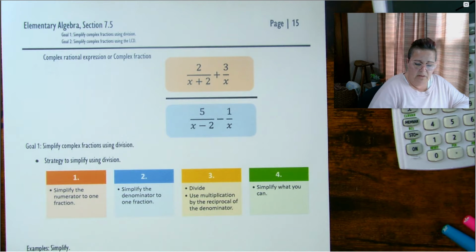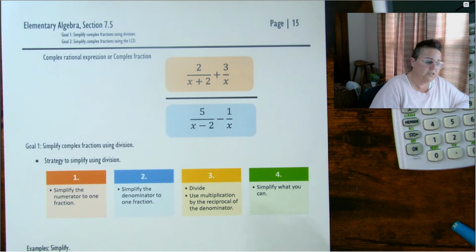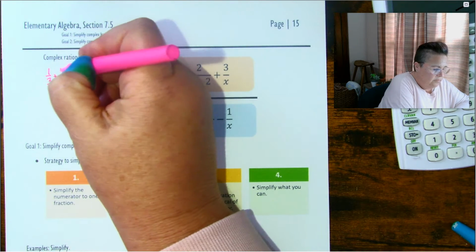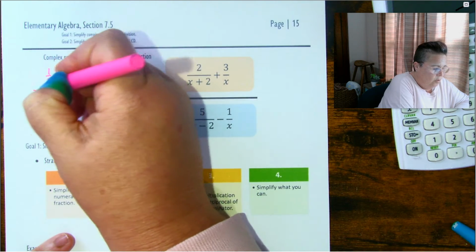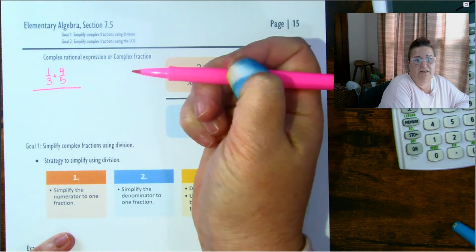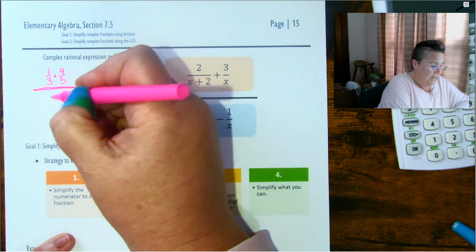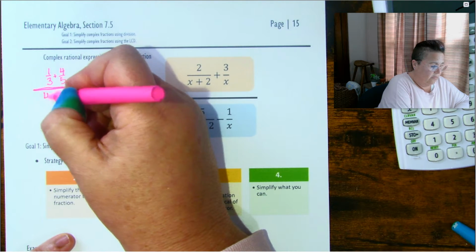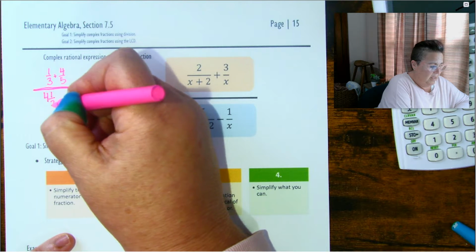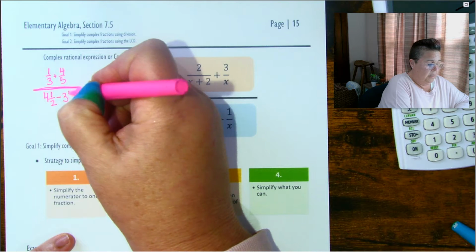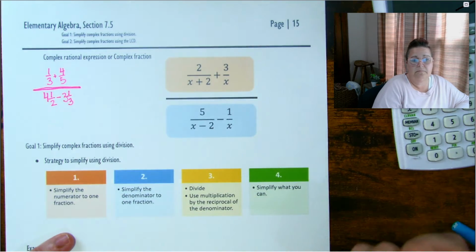An example of a complex fraction with just numbers, I'm going to make this up on the spot, would be something like 1/3 plus 4/5 over, and maybe you had something like 4.5 minus 3.1/3.